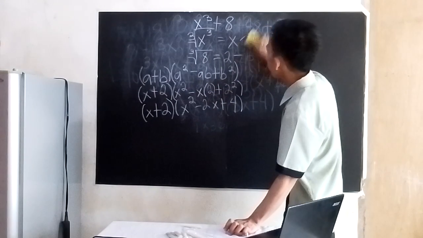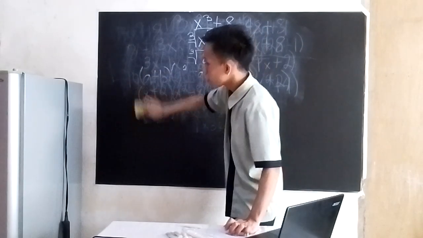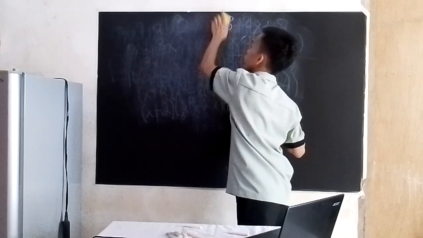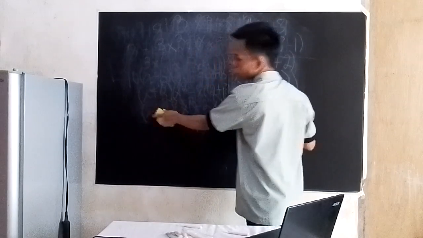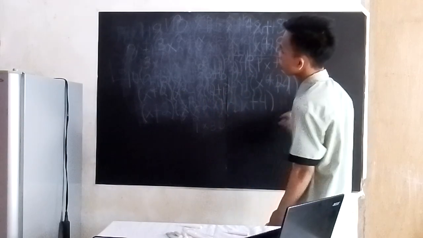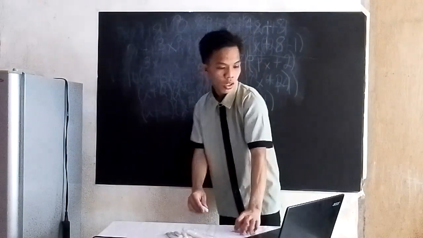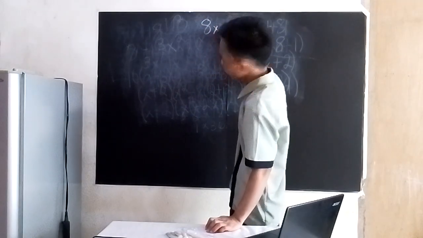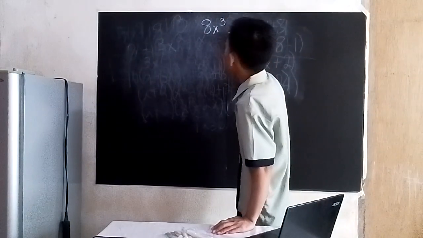Let's move to difference of two cubes. So 8x cubed minus 27.